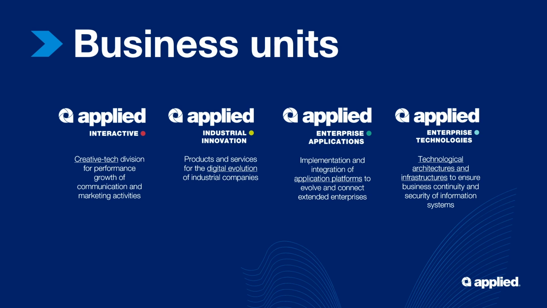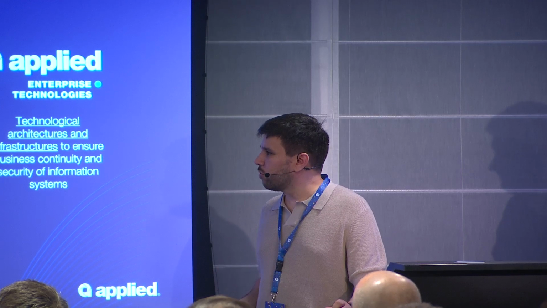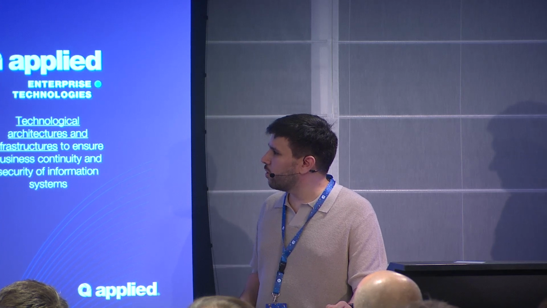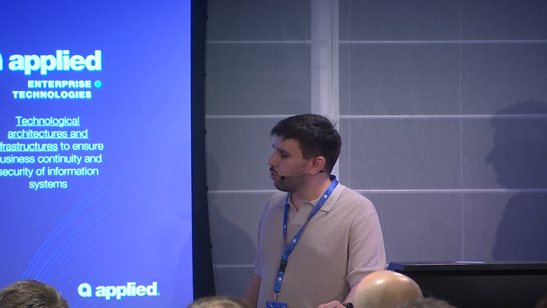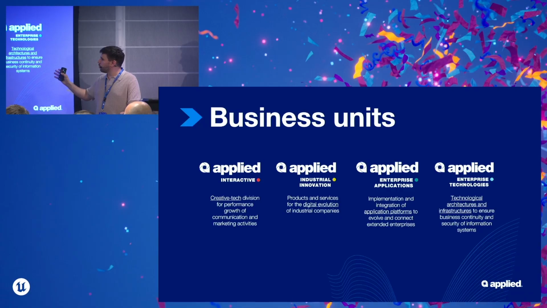We have the interactive one, where we apply the most creative part of our activities to produce innovative applications for our customers. There is industrial innovation, which is more focused on more technical products for enhancing the technological advancement of our customers, and two very big business units dedicated to classical enterprise applications and infrastructure, IT services, and everything.